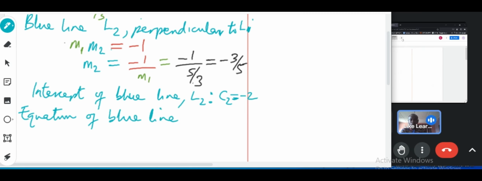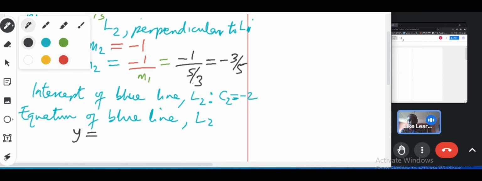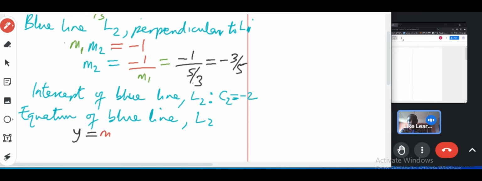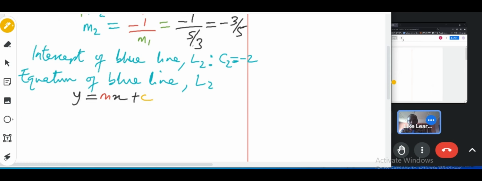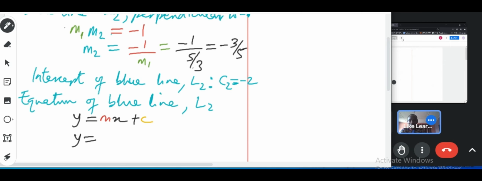Alright, the equation of blue line 2, using the simple general equation of a straight line y equals mx plus c, will simply be y equals 5 over 3x minus 2. Did you say 5 over 3x? So it's 5 over 3 times x.